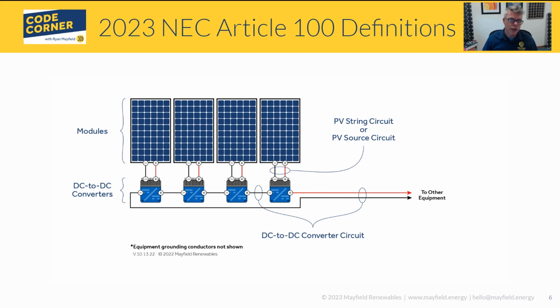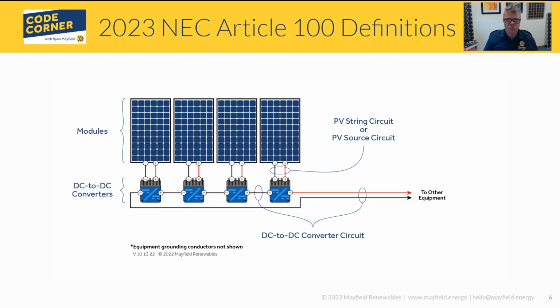One thing worth noting here, again we're modifying these from code, is that the PV string circuit or PV source circuit is the input side of that DC to DC converter. In this case, we have a single module to a single DC to DC converter, a 1-to-1, and that input side is a source circuit, a string circuit, a string of 1 per the definition. So that's what we're going to call it.